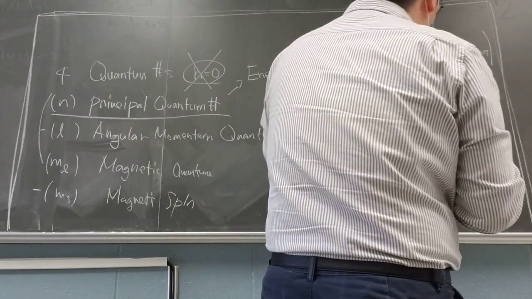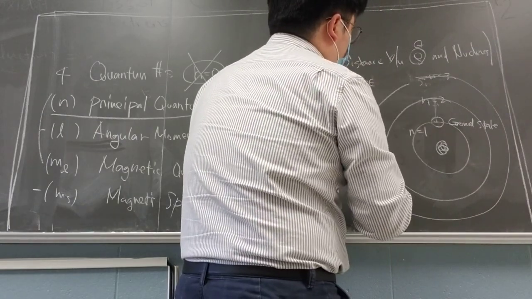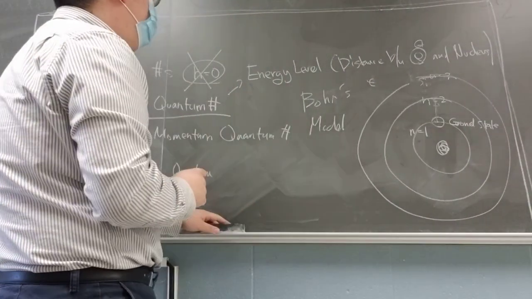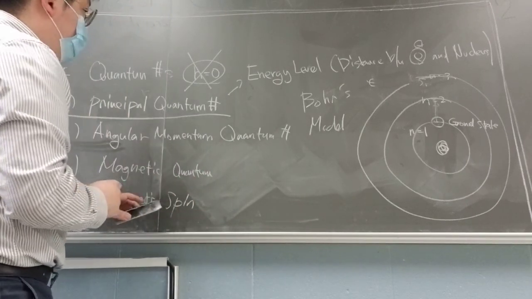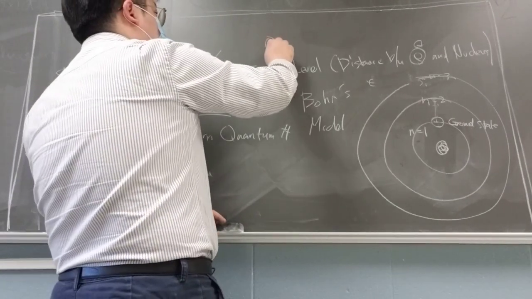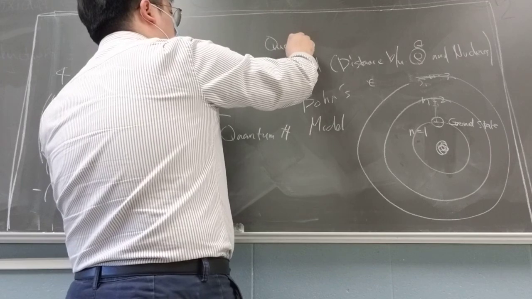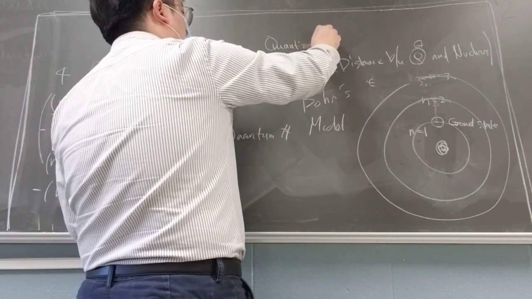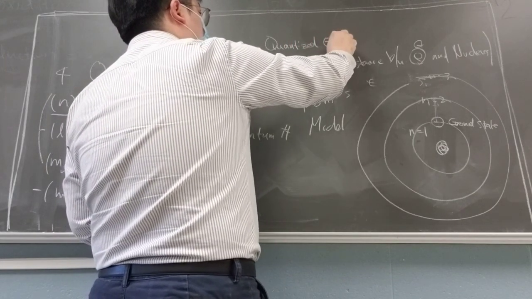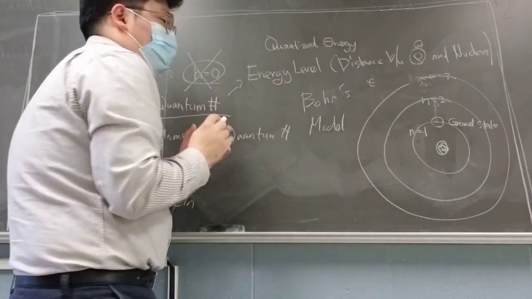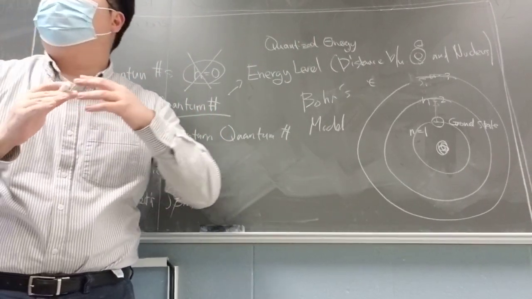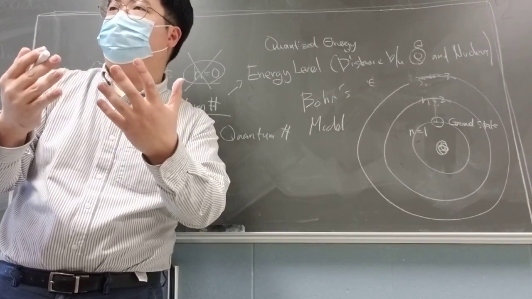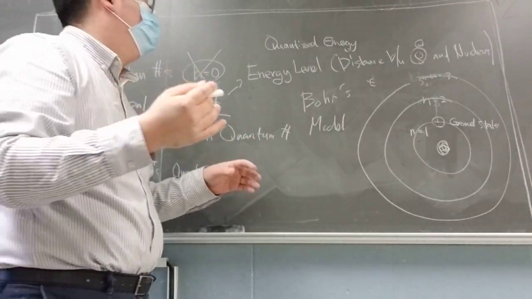Okay. So the funny thing is, do you guys remember the quantized energy? So this is the part where we discussed the particle-like nature of the electrons or the light photon.